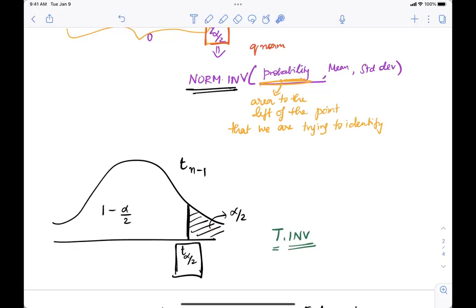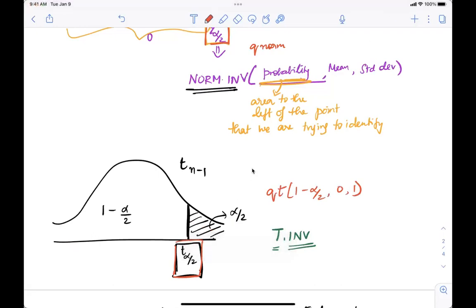And therefore, the area to the left of that point is 1 minus alpha by 2. So we can use the inverse function here. And the function is just q followed by t. And then you put the probability 1 minus alpha by 2, and the degrees of freedom. And that will give me the value of t alpha by 2.